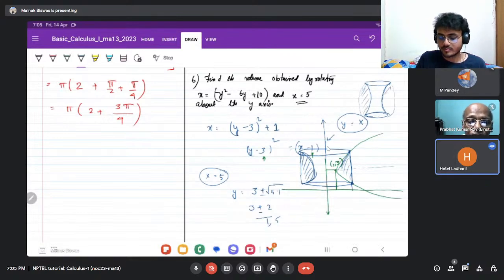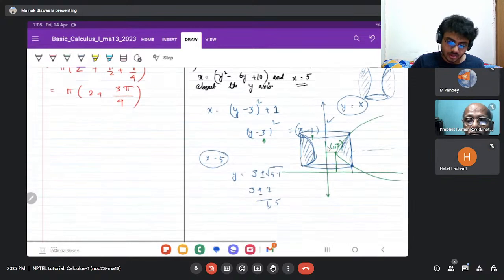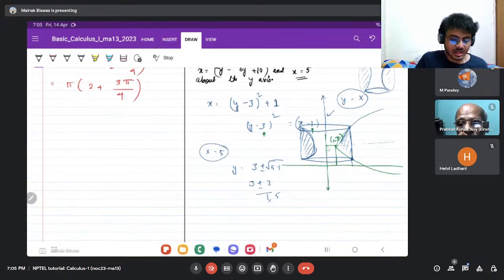Yes, sir. Good. So how will I set up the integral? Since you understood, you will tell me. What would be the integral? About axis y we are doing this. So about y, I have found x as a function of y, right? y is not a function of x, but x is a function of y, right?